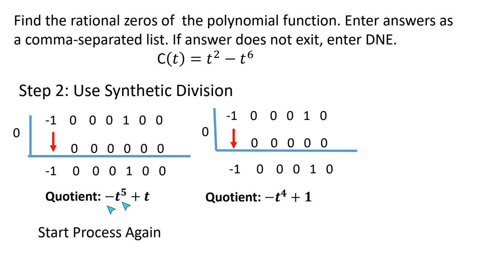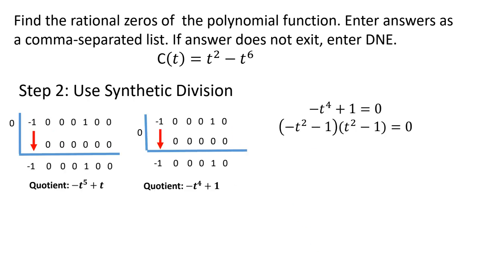So if you find the possible zeros, it's going to be 0 again. So you have t to the 5th, t to the 4th, t cubed, t squared, t, and then your constant. And if we bring down the -1, then we end up with this information. Since we had a t to the 5th, now we break it down to t to the 4th. And you can keep doing this process over and over.